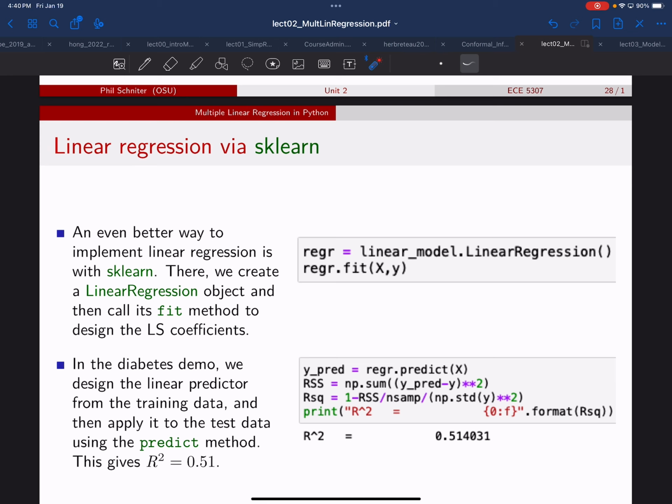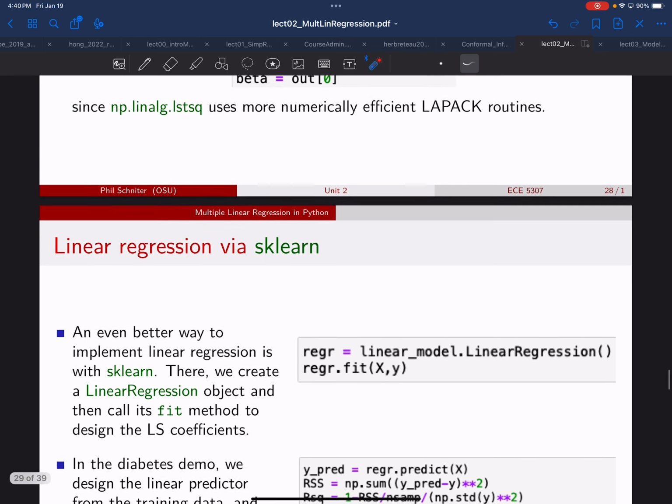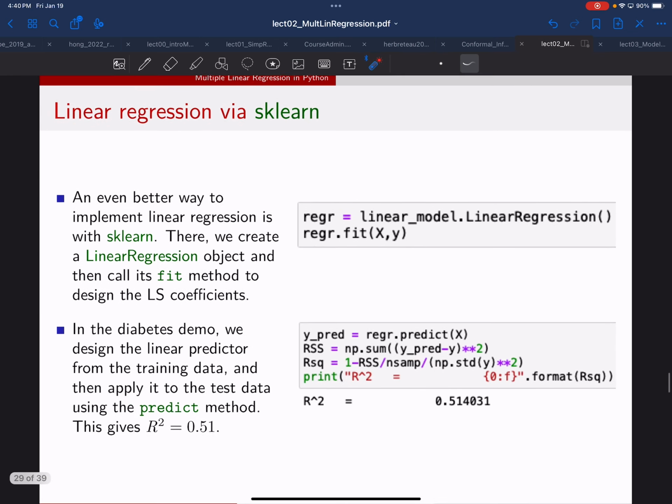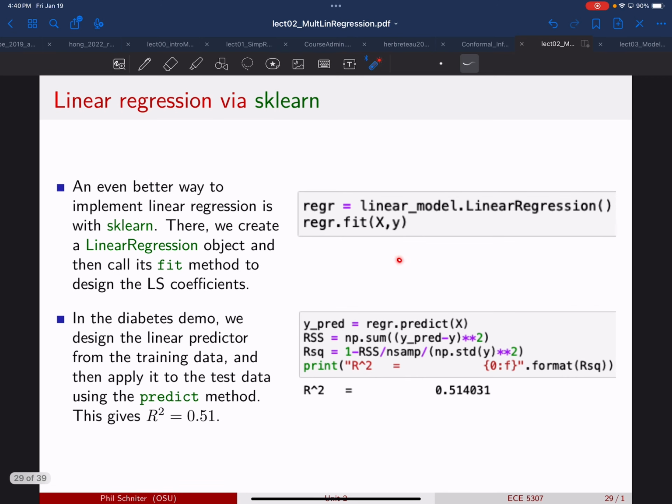You could extract it if you want. And once it's extracted, you could do like x dot beta. You could do that, but a slightly more streamlined way of doing that is to call its predict function, which takes the internal beta weights as well as the x that you're providing here, and it essentially is doing this x beta.